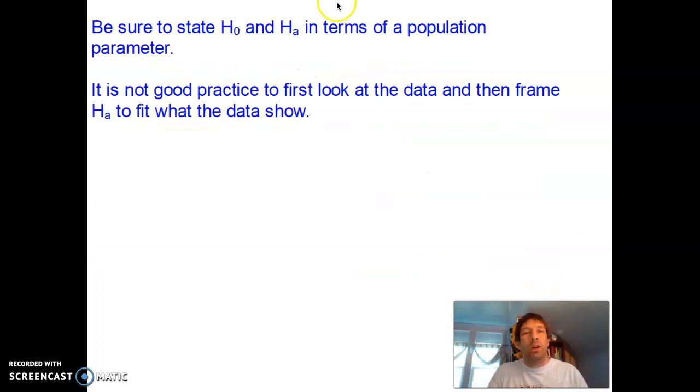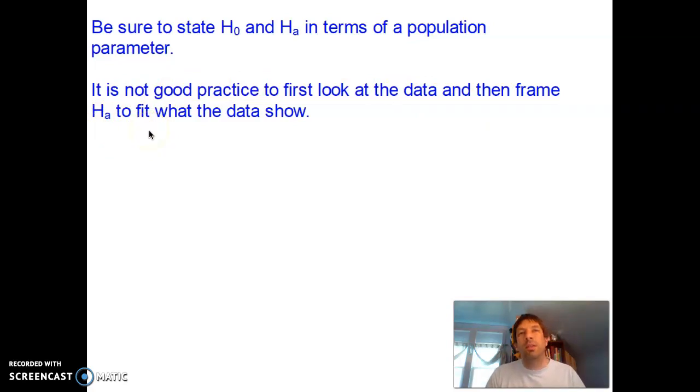One thing you want to do is always make sure you state the null and the alternative hypothesis in terms of a population parameter. What that means is, if we're talking about means, we're using mu. So we're going to keep it nice and simple there. Also, it is not good practice to first look at the data and then come up with your alternative hypothesis.